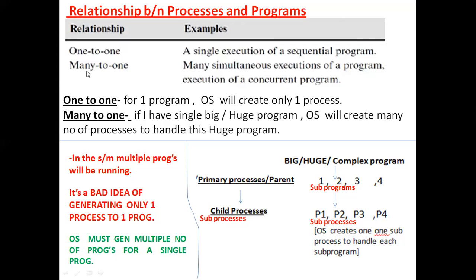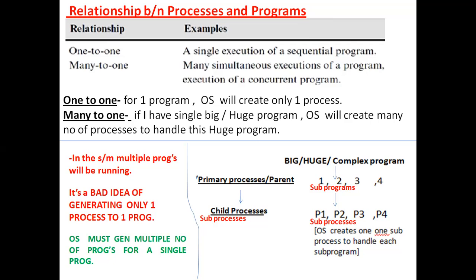And regarding many-to-one, as the name itself indicates, if you have one program, then the OS can create many processes. Let's say the program is a very large, very huge program.